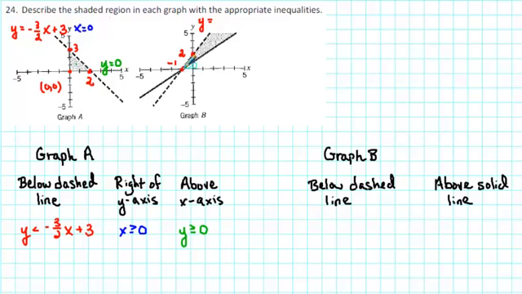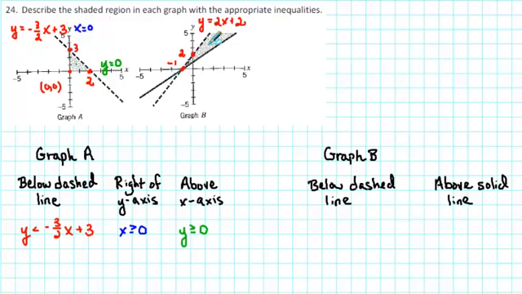Well, in order to go from the x-intercept to the y-intercept, we need to rise 2 and run 1. So the slope is 2 over 1, which reduces to 2, multiplied by x plus the y-intercept, which is 2. So y equals 2x plus 2 is the equation of the dashed line.